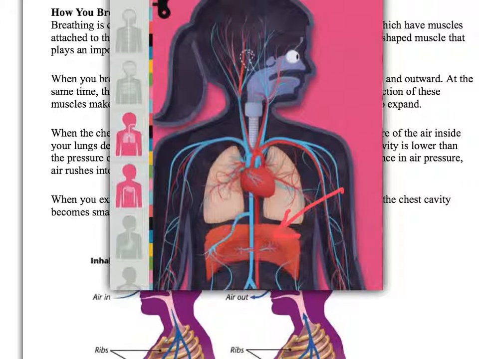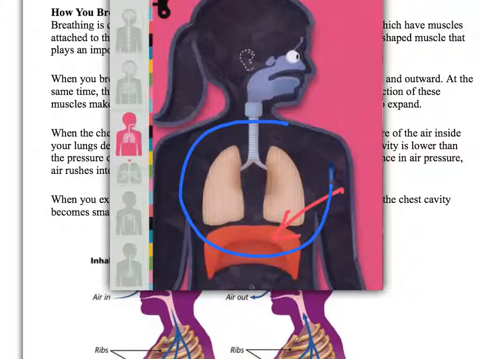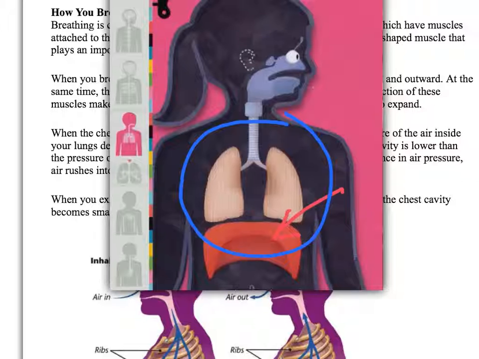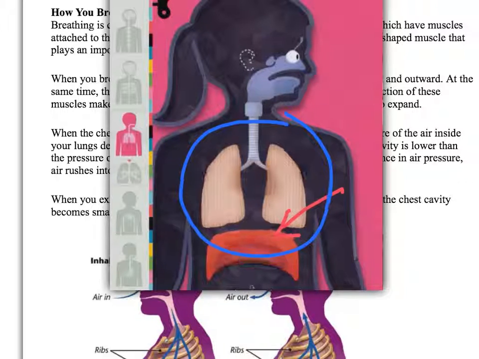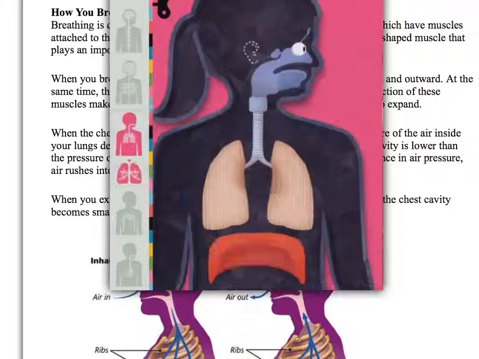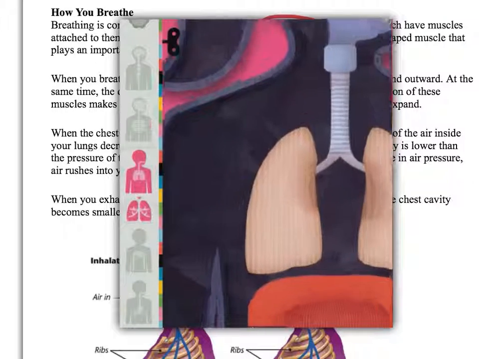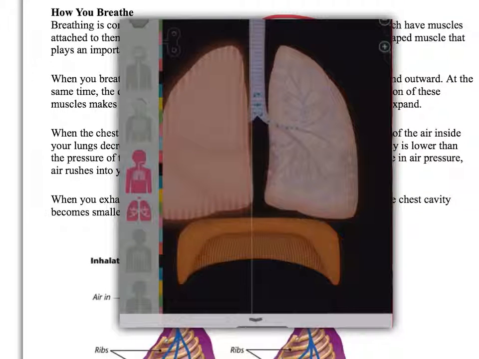Okay, so your diaphragm, look at the movement of the diaphragm. It contracts, it moves down, making more space in the chest. And that way it allows air to move in. Now, if we look at the lungs and the diaphragm more closely, you can really see this.